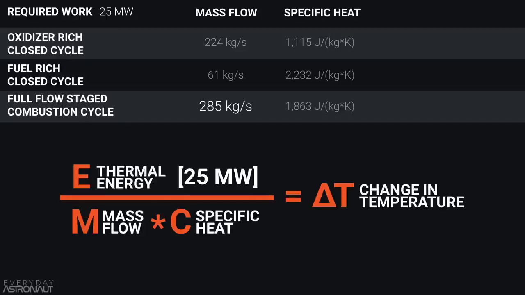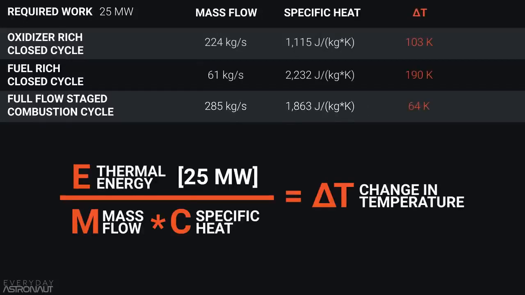Not only that, full flow also gets to take advantage of the average specific heat of both propellants. Not to get too confusing here, it's not just a 50-50 average, but we have to account for the propellant densities, each propellant's respective heat flows, engine oxidizer to fuel ratio, and even the exact power demands of each shaft.